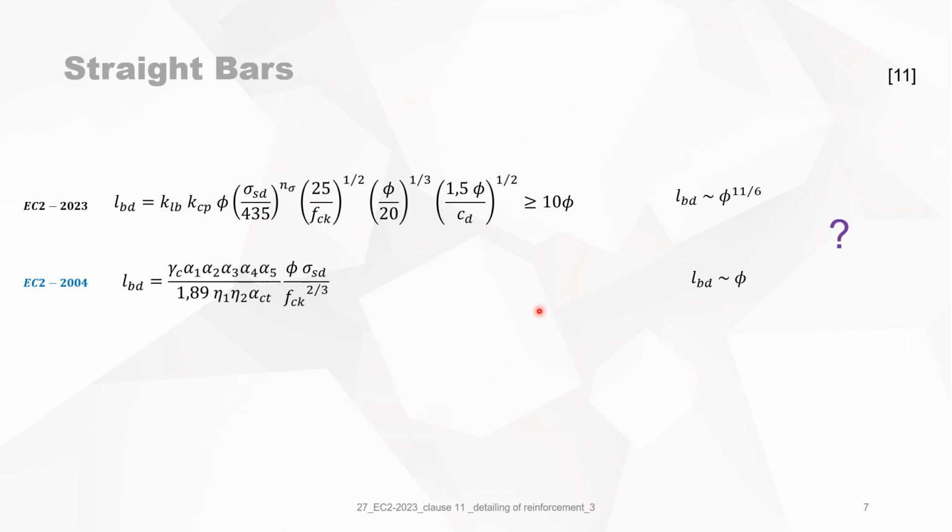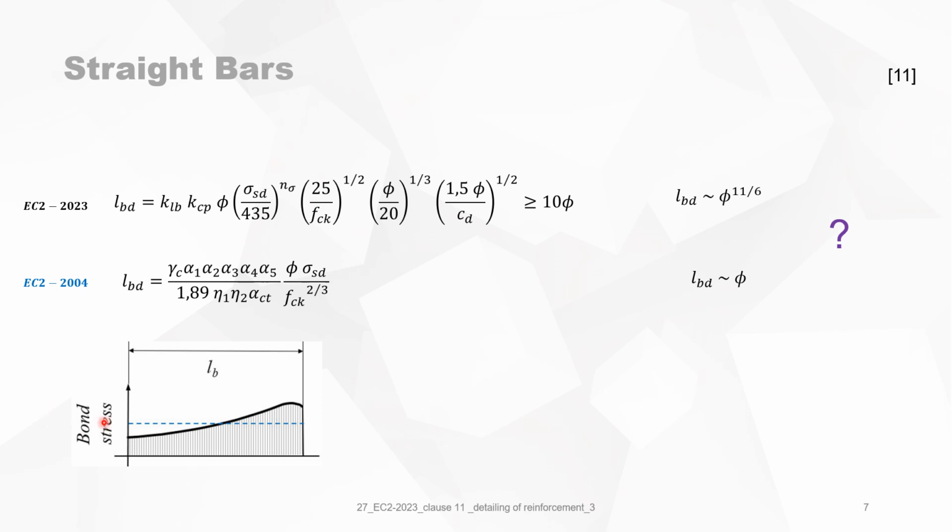So we can wonder why. Why is this the case? Is there something that changed profoundly? Well, there is some explanation for it, and the anchorage length is always proportional to the bond stress and the bond of the steel in the concrete. And in version 2004, we always considered a constant bond stress alongside the steel bar, alongside the anchorage length, which is the blue dotted line.